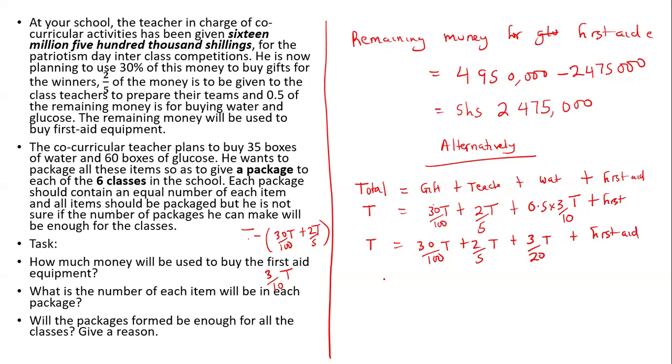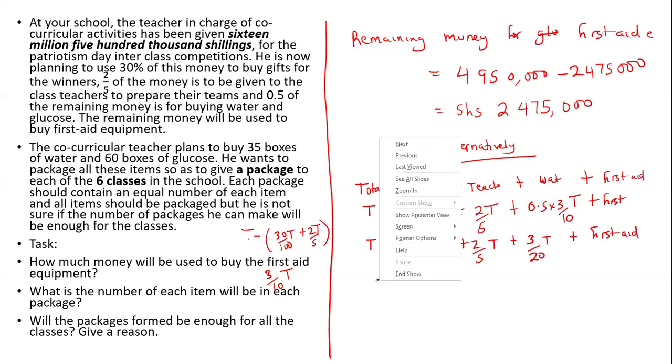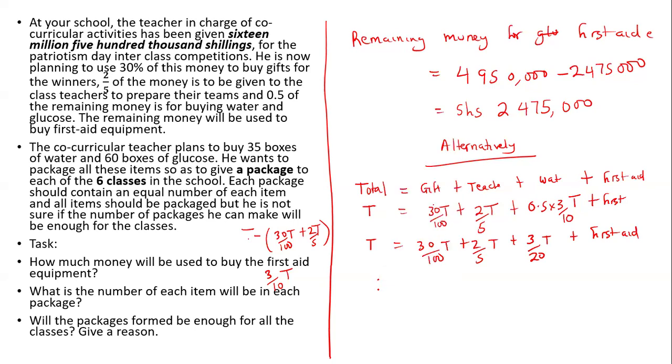When I do my math, I remain with 3 out of 20 equals the amount of money to be spent on the first aid kit. So that means you say 3 out of the 20 times the total amount, which is 16,500,000, to be spent on the first aid kit.